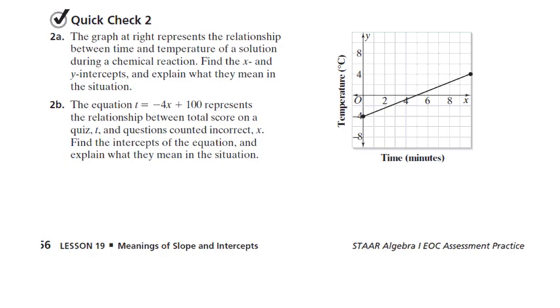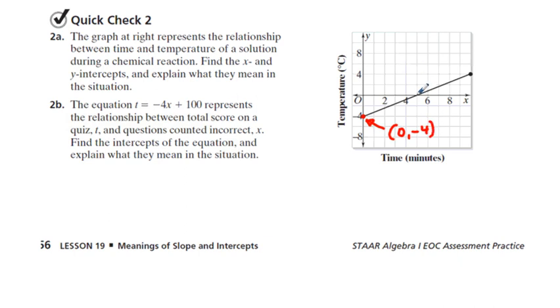All right, quick check 2. The graph to the right represents the relationship between time and temperature of a solution during a chemical reaction. Find the x and y-intercepts and explain what they mean in the situation. Well, this is our y-intercept right here that I'm pointing to, and that's the point 0, -4.